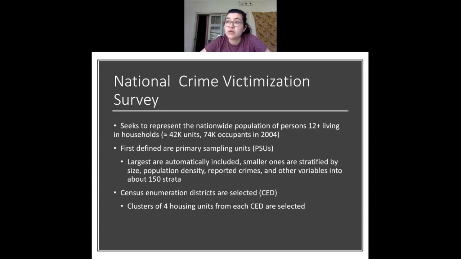So then the way they're going to stratify things is based off of household units. And so they developed this primary sampling unit, and the largest of those sampling units are automatically included because there's less of them. And then the smaller ones are stratified by population, density, reported crimes, and other variables.